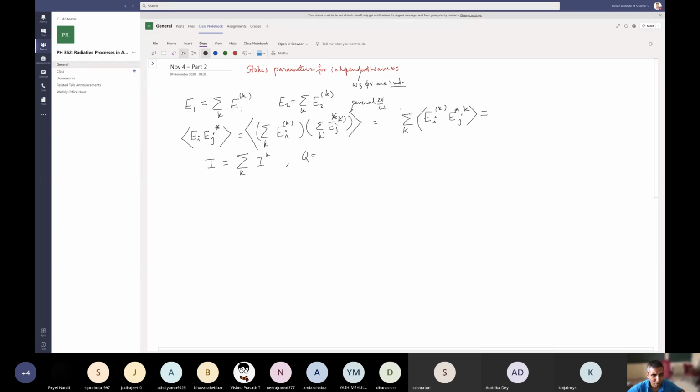Similarly, Q will just be the sum of the Q_k's, and likewise U and V. So all Stokes parameters just get added for independent quasi-monochromatic waves. This is clear, right? It's actually simple in that way. So the superposition principle applies. This is a consequence of superposition and independence.